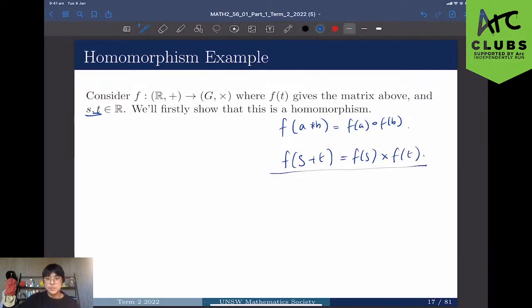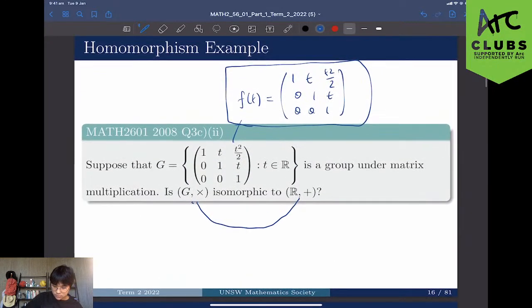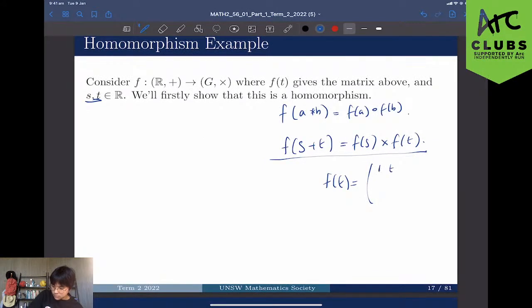If we can prove this statement is true, then we know that this map is a homomorphism. If we consider what the map is, it's easier to show that the product of two such matrices forms this s plus t matrix, rather than starting from this s plus t matrix and splitting it up into a product of matrices.